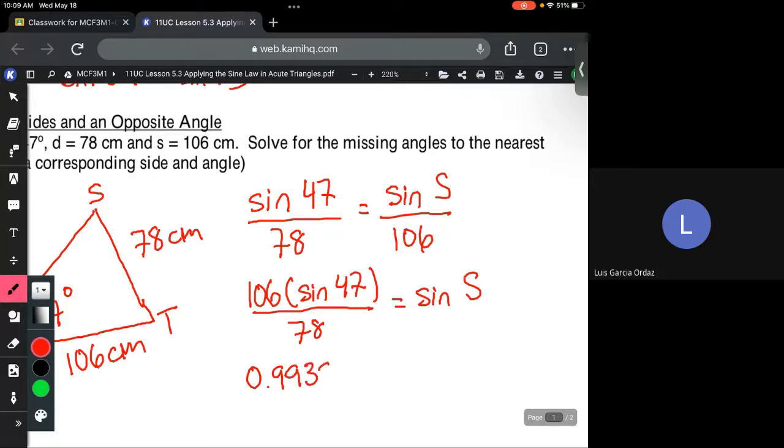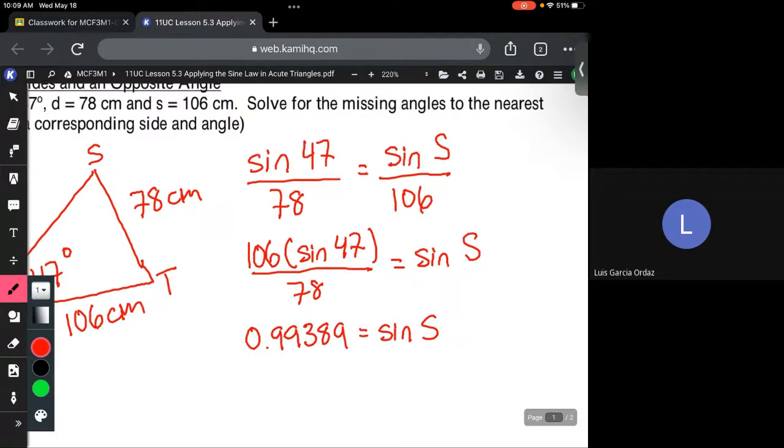Because we're finding the angle, how do I find the angle using sine? What button do I have to press on the calculator? Yep.